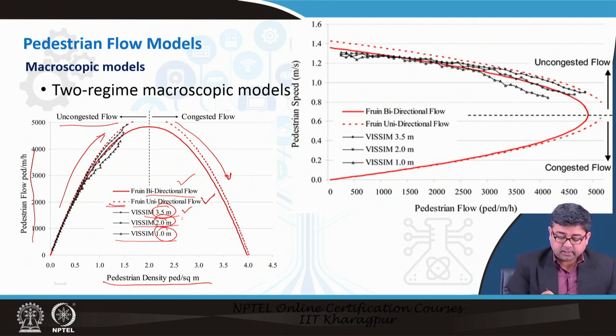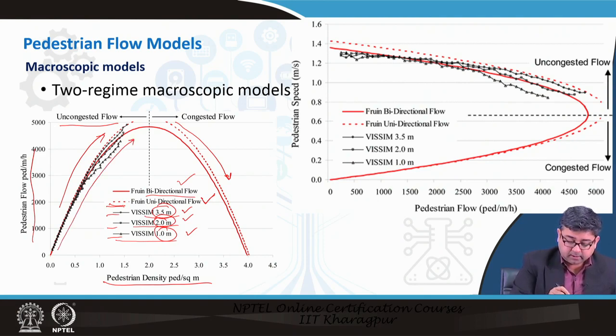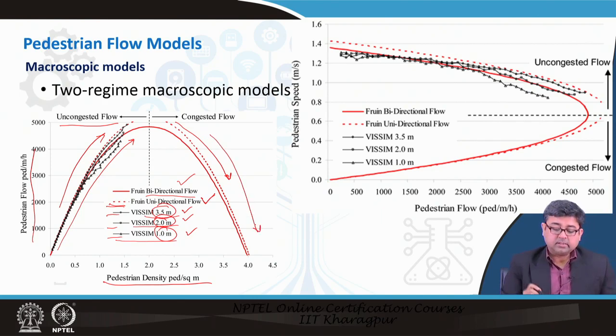Similarly, when simulations were done using VISSIM, it could actually model the uncongested flow pretty well, all the black lines you see, but it was not able to model the congested flow pretty well. So, people have started to make this distinction, that there are two different regimes of the same model.